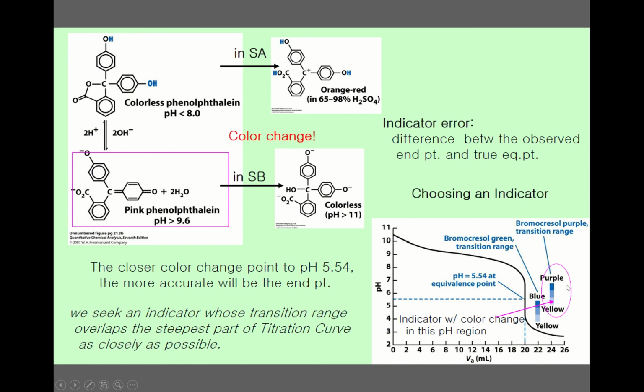When purple and yellow are mixed, the red will be the intermediate color. So it is rather easy to find the end point with bromocresol purple.